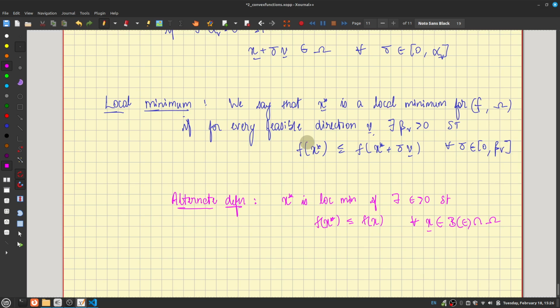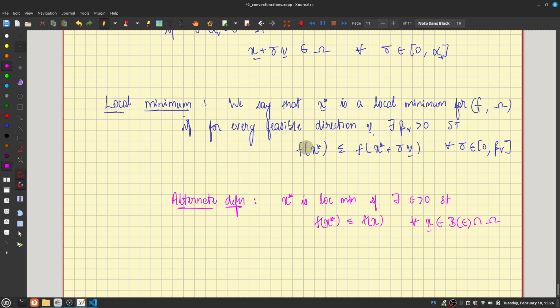You start at a particular point, you pick a direction, a valid direction, and move along that direction to see if the function value decreases. Typically, you pick a feasible direction where you're sure that the function value decreases and move a certain distance along that direction, and you do this iteratively.